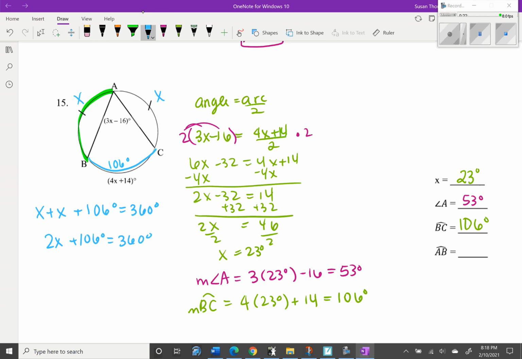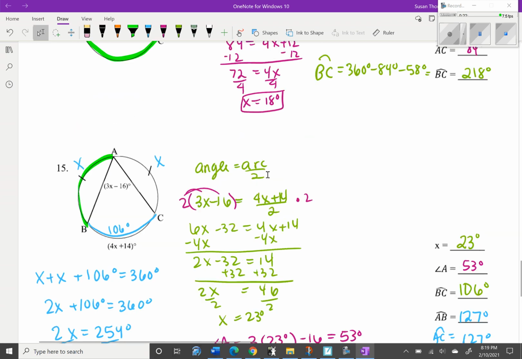So 2x is equal to 254 degrees when we subtract 106, and x is equal to 127 degrees. So 127 degrees, that means that both arc AB and, if we were asked to do AC, arc AC is also equal to 127 degrees.